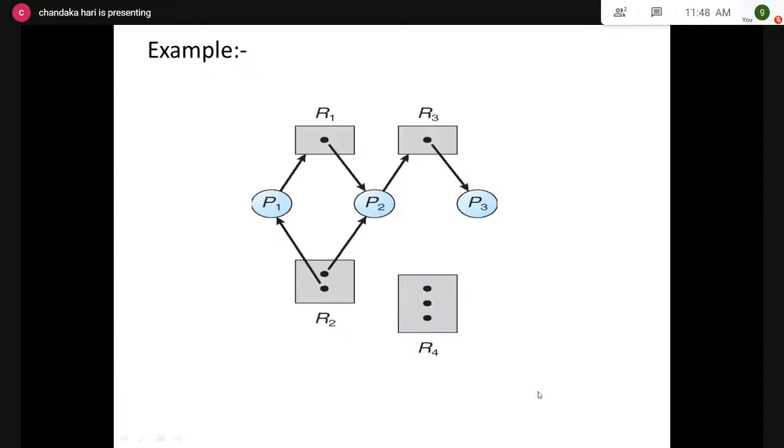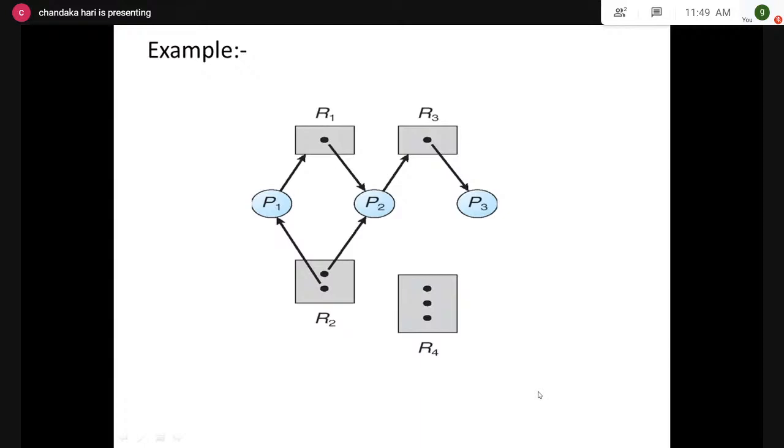Now that R1 is already allocated to process P2. Process P2 is requesting resource R3. This is a requesting edge. But R3 is already allocated to process P3. This is an assignment edge.